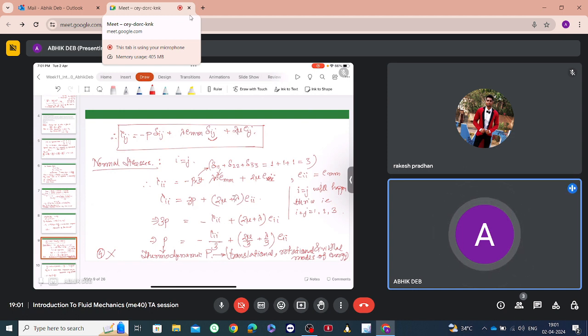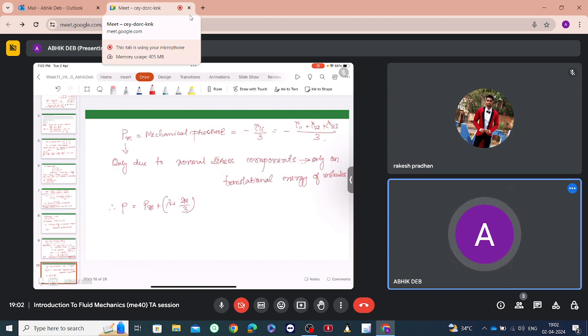So this will be 3 lambda, and this will just be lambda, plus lambda plus 2 mu by 3 into EII, and EII is equal to del U by del X plus del V by del Y plus del W by del Z for 3D, or this is just del dot V vector, or the volumetric strain rate, and this K is called the bulk viscosity.